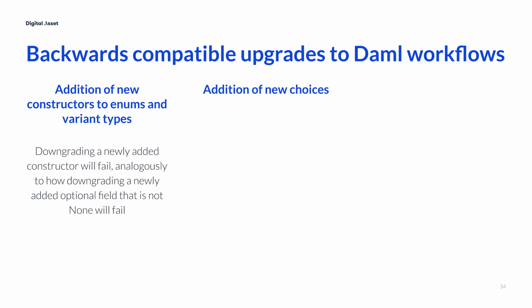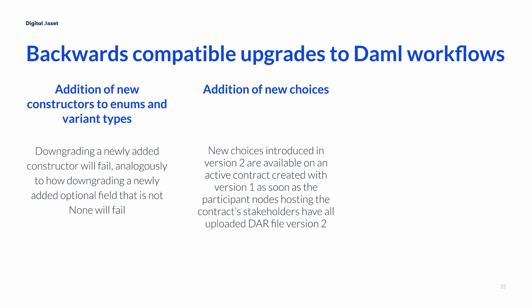Newer versions of a DAR package can also add new choices. New choices introduced in version 2 are available on an active contract created with version 1 as soon as the participant nodes hosting the contract stakeholders have all uploaded DAR file version 2.